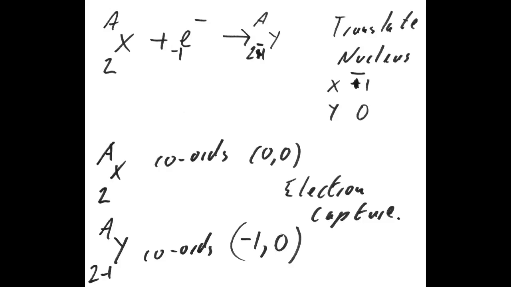The daughter nucleus has a symbol with nuclear number unchanged and proton number decreased by 1. There are no other symbols on this side of the equation if you ignore neutrinos. On the NZ graph, the nucleus moves in the same way as beta plus decay. The Z goes down by 1 and the N goes up by 1.